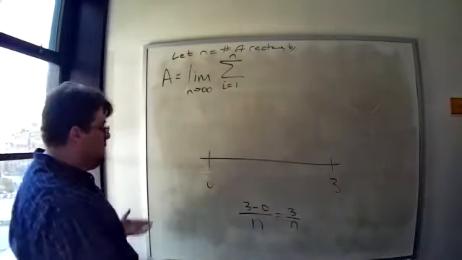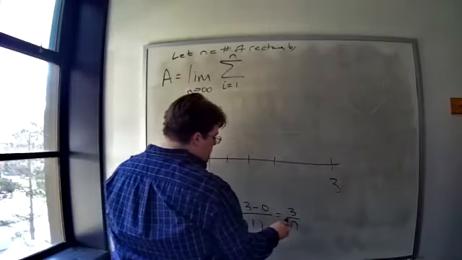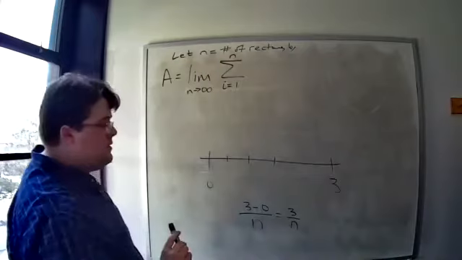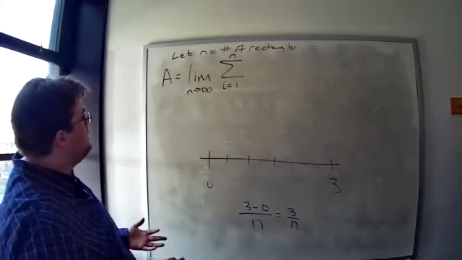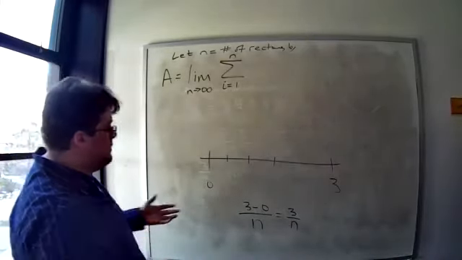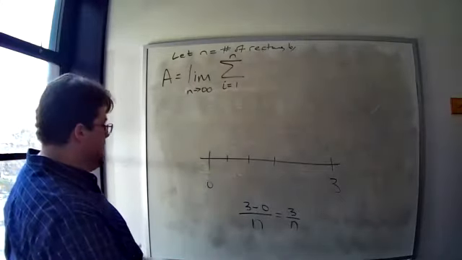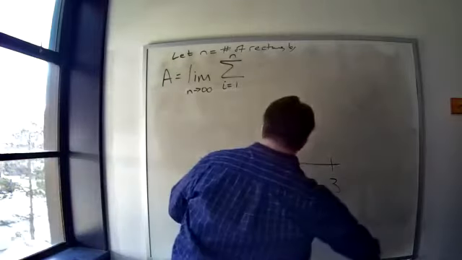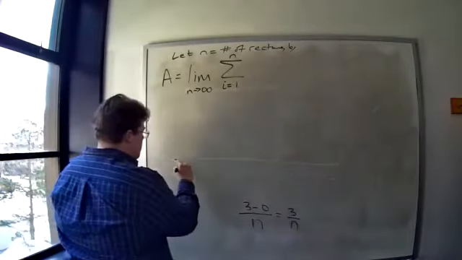Any questions about where this is from and what it means? So all we've done so far down here is observe that we're dividing the interval 0 to 3 into n pieces. Next, we're going to label these x-axis values. Maybe I'll draw this a little bigger, because this might take up some more space.